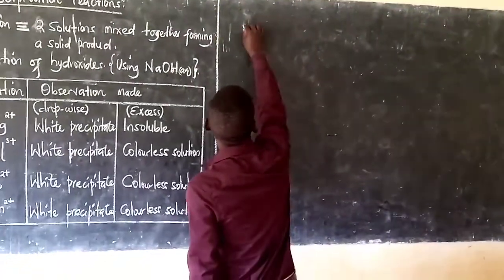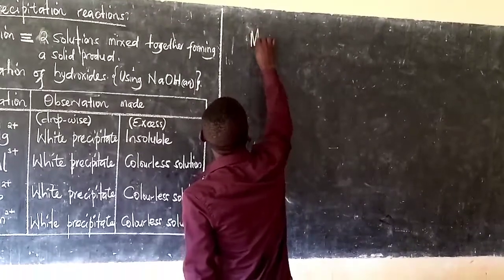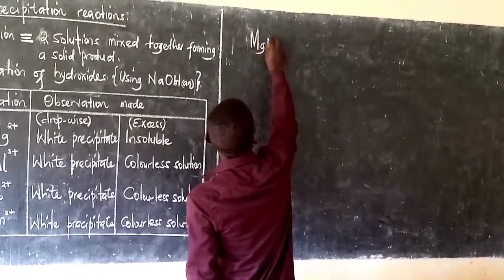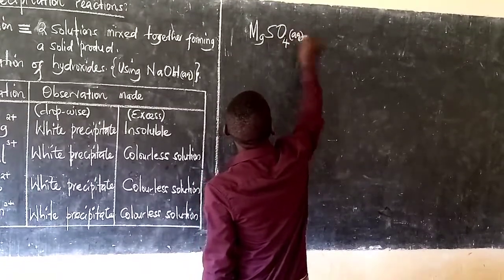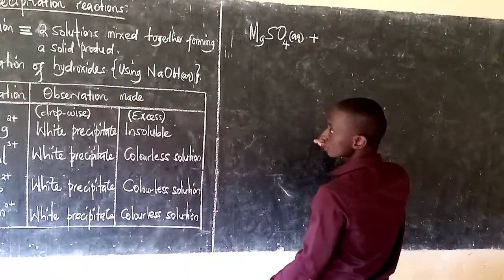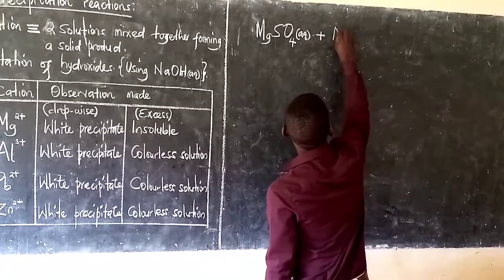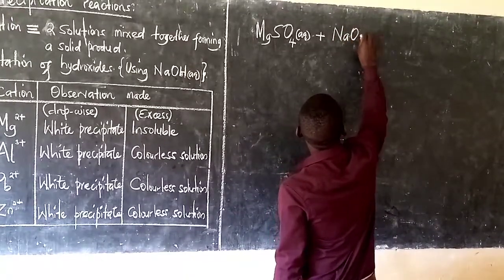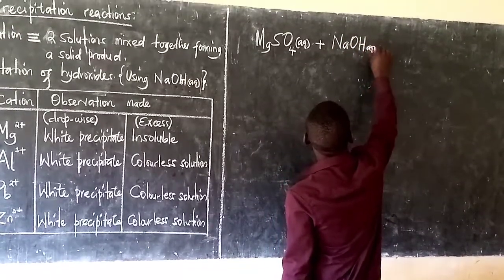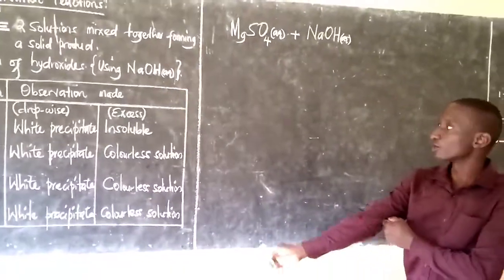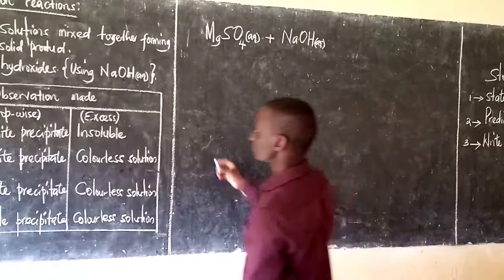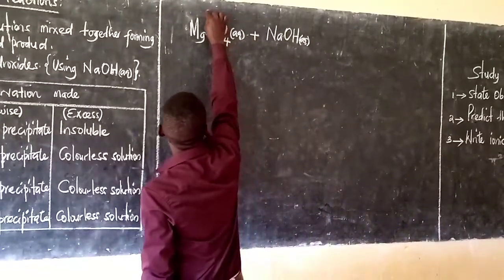Let's see. We have magnesium sulfate, aqueous, plus this magnesium sulfate is reacting with the sodium hydroxide. So predict the products that are formed. Step one, what do we do? Someone must be able to come here and split this.